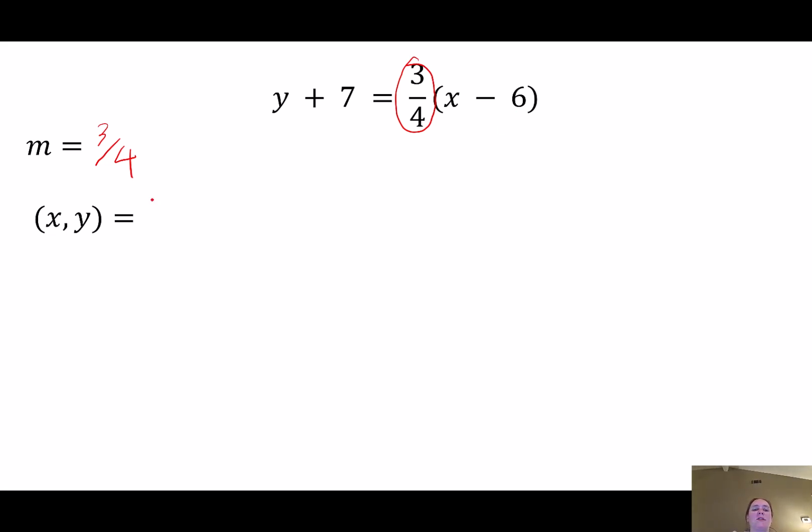So minus 6, that tells me, remember, opposite of what the sign is. So it's a positive 6. And then plus 7, so that's a negative 7. All right. So we have a slope of 3/4 and a point of 6, negative 7.